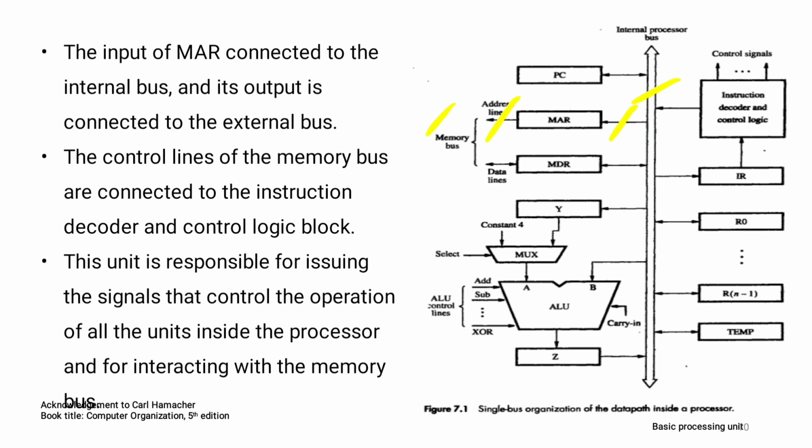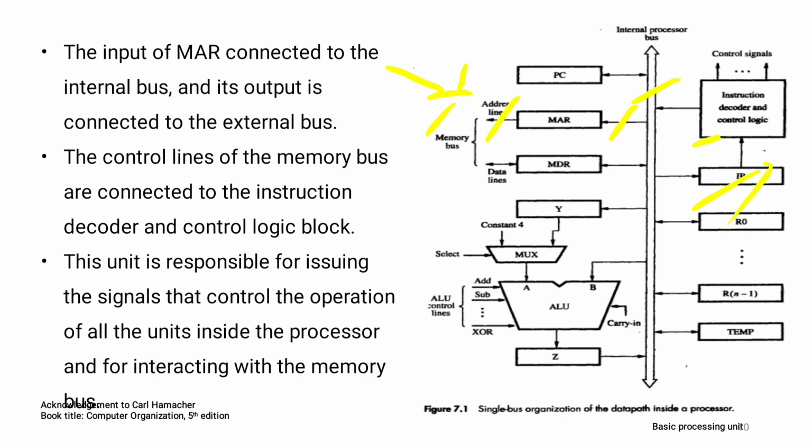See, whenever a word is brought, if it is an instruction, it will be saved in the instruction register. The control lines of the memory bus will be connected to the instruction decoder and control logic block. This unit is responsible for issuing the signals that control the operation of all the units inside the processor and for interacting with the memory bus.